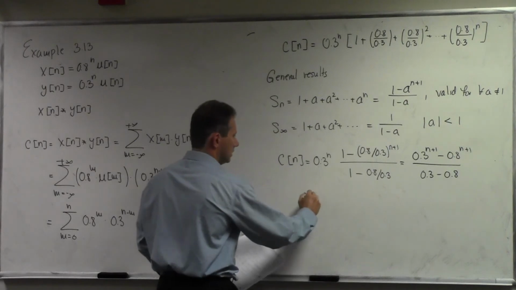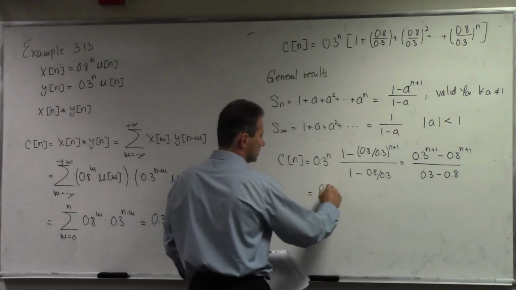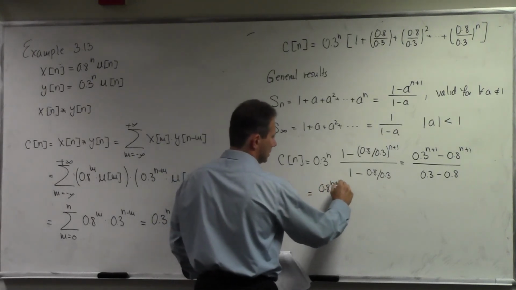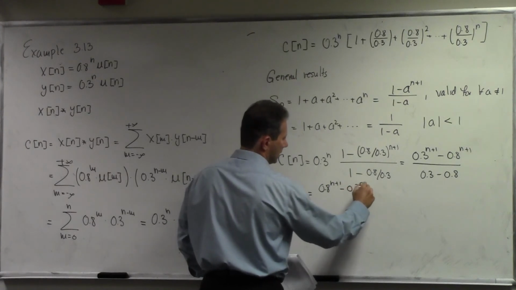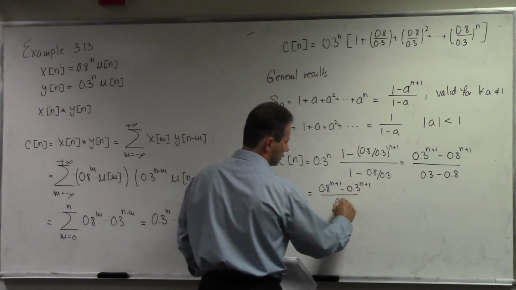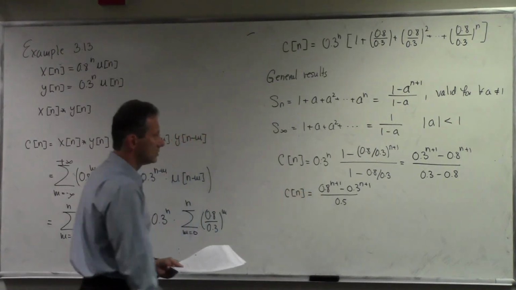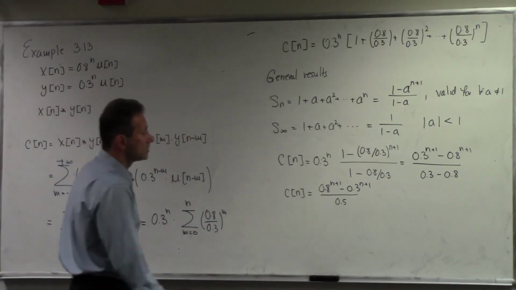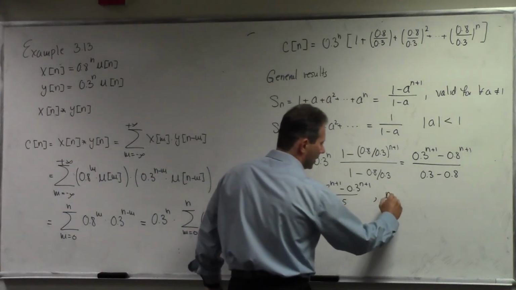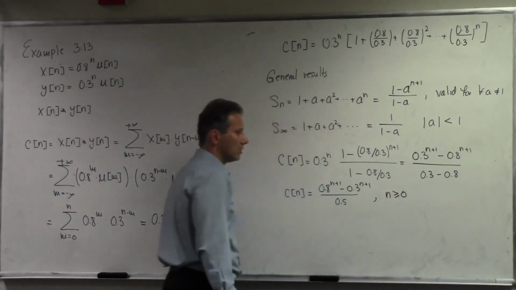Really, if you type this up a little bit, it is 0.8^(n+1) minus 0.3^(n+1) over 0.5. So that's the convolution of these two signals. Of course, this is valid for n greater than 0.